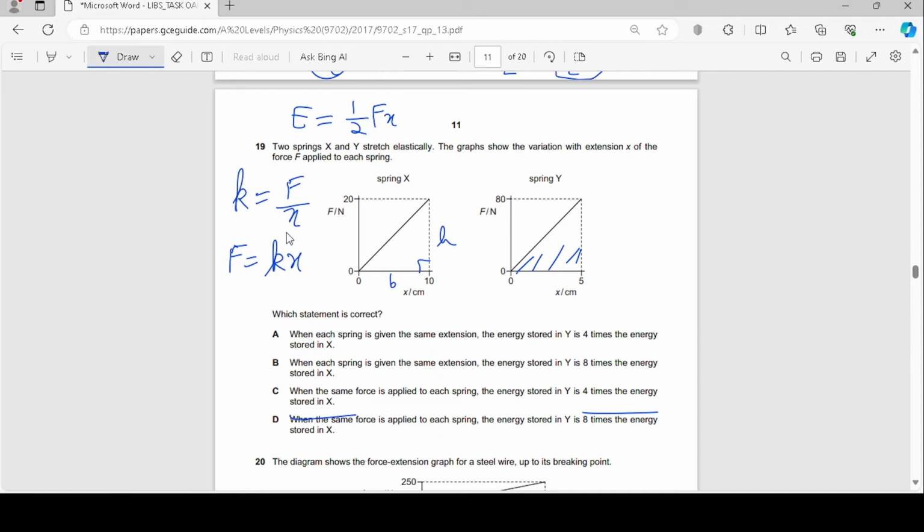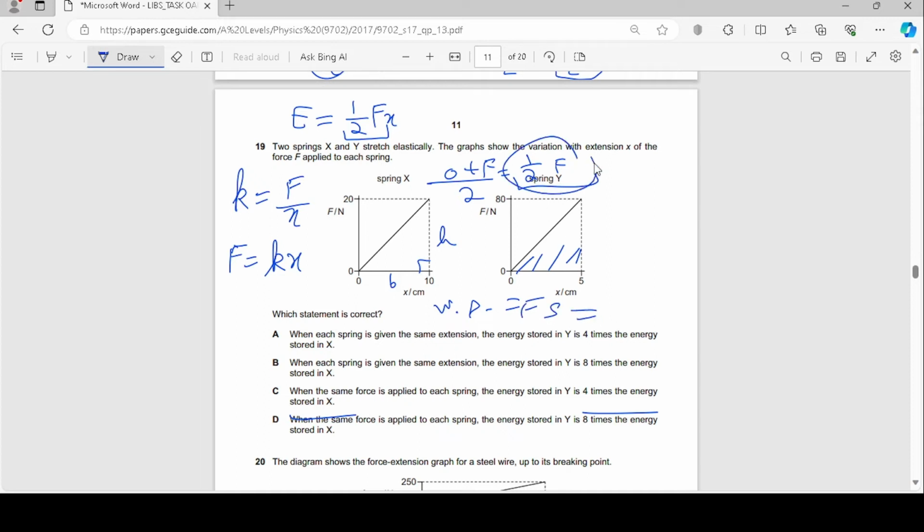Anyways, I have F equals kx, and then I was saying that half F is the average force. You're going from 0 to F, so 0 plus F over 2 is half F. So the work done is force times displacement.